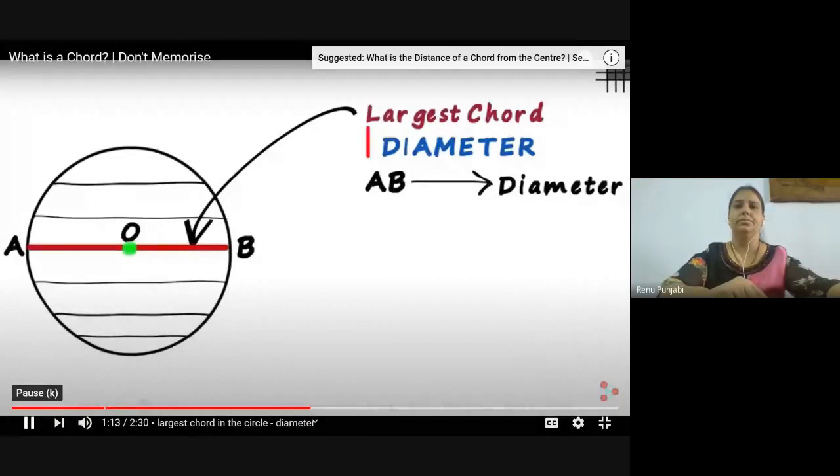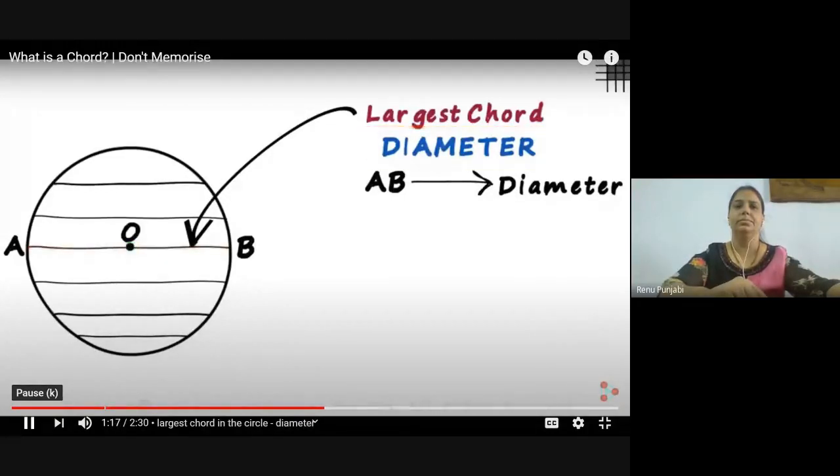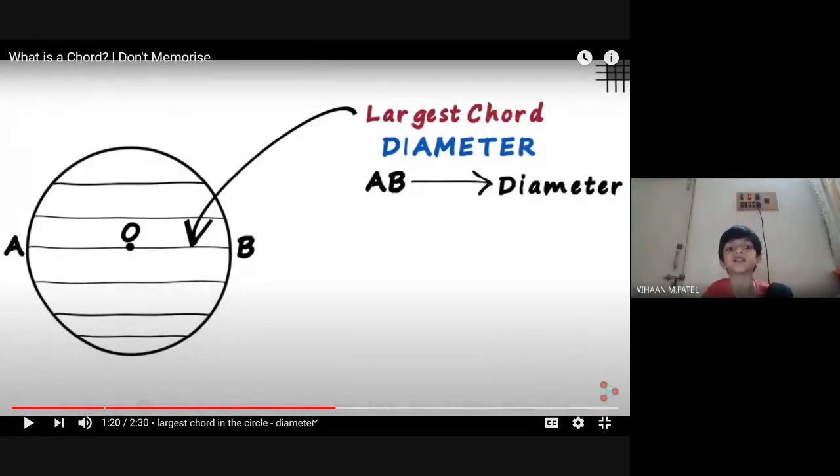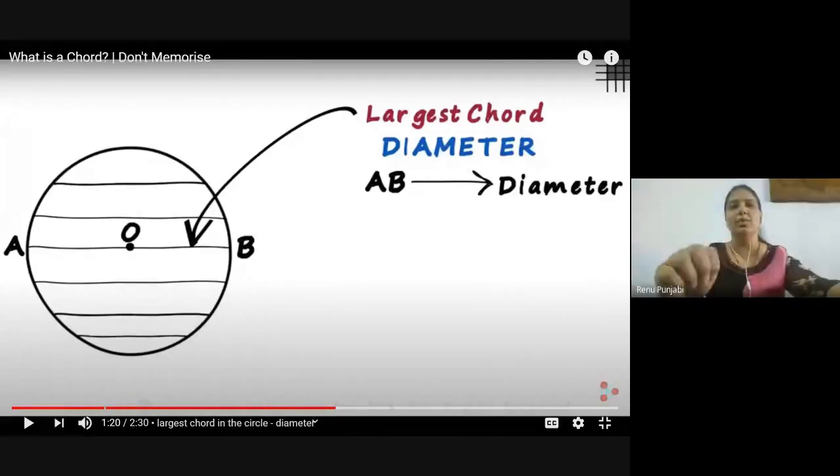How many diameters do you think a circle can have? Can anyone guess? Please raise your hand. Vihan, can you please tell me how many diameters a circle has? So many. Can you give me the exact word?